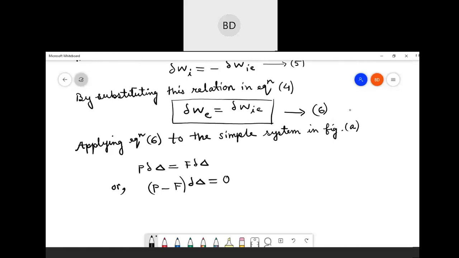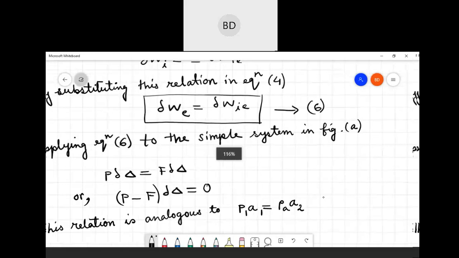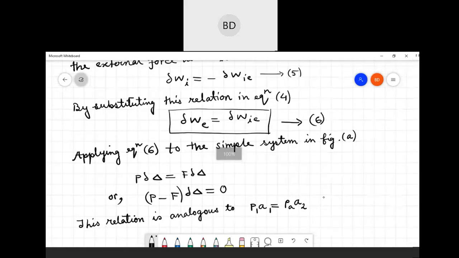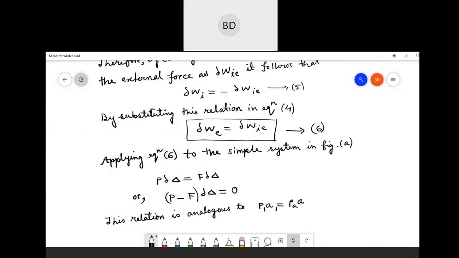This relation is analogous to the relation with P2, A2, here L delta.